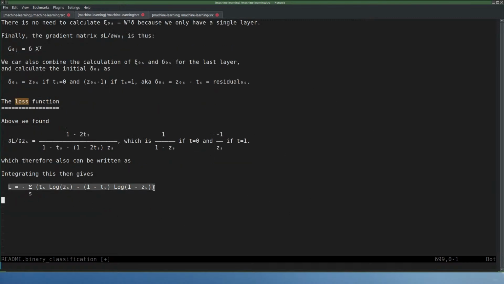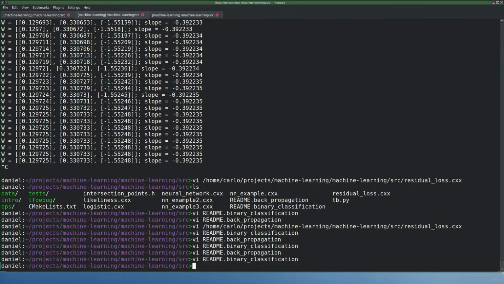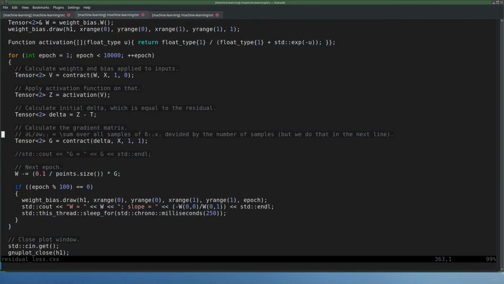Let's calculate it. I guess if this is my loss function, then it should go down all the time. Then I probably did not make a mistake. So in the middle of my epoch, I can just calculate it here.